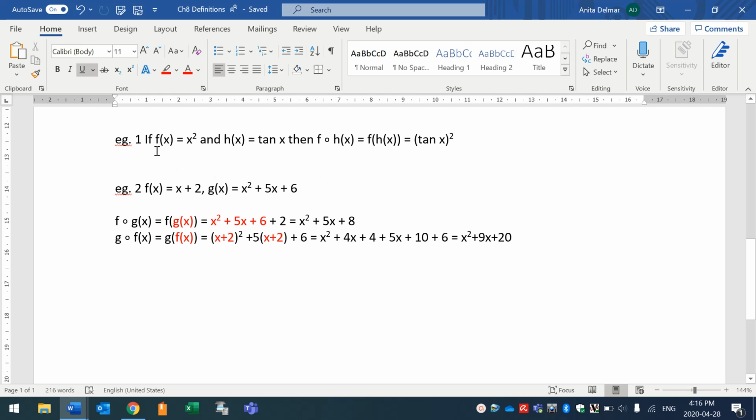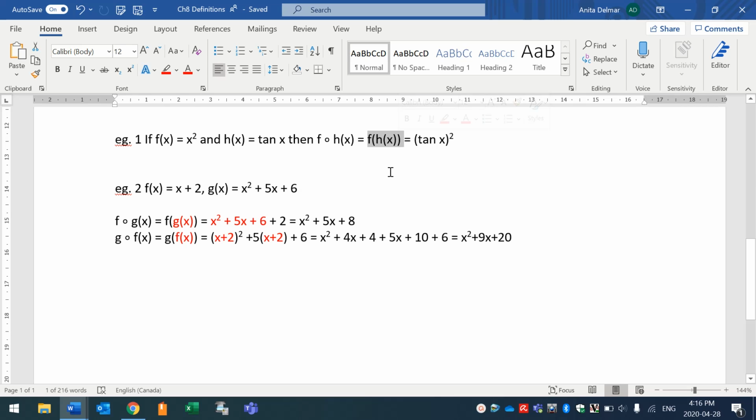So we're given f of x equals x squared and a second function h of x equals tan x. We want to find the composite function f of h of x. That is equivalent to f at h of x.